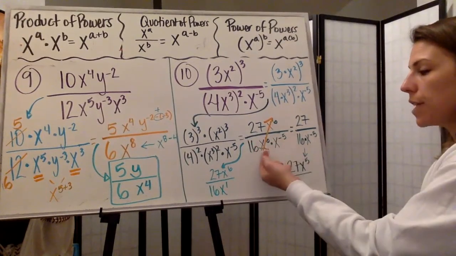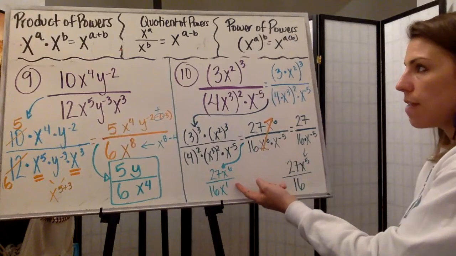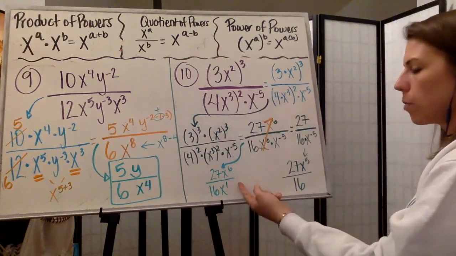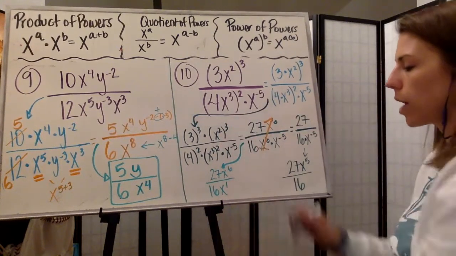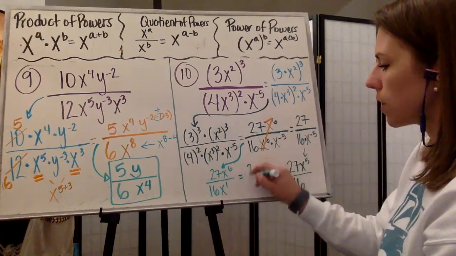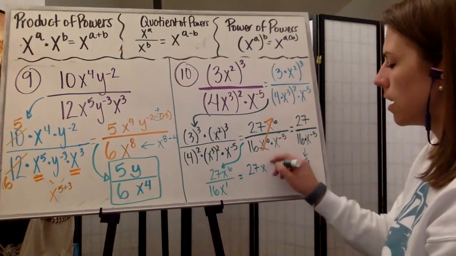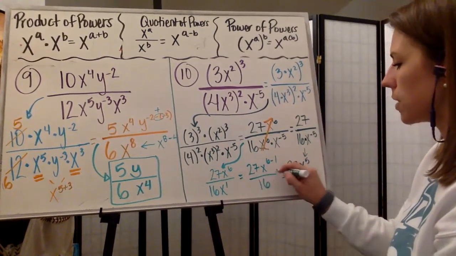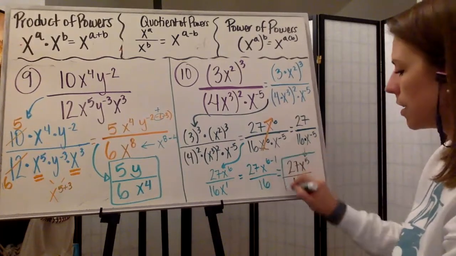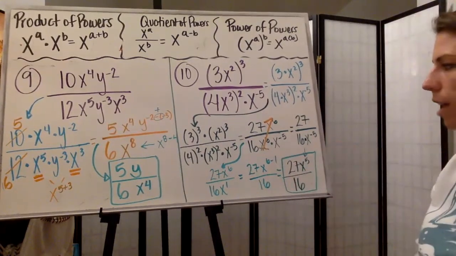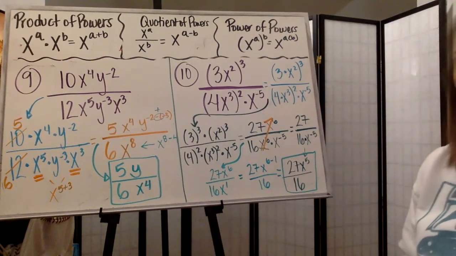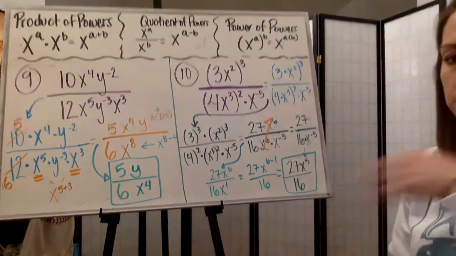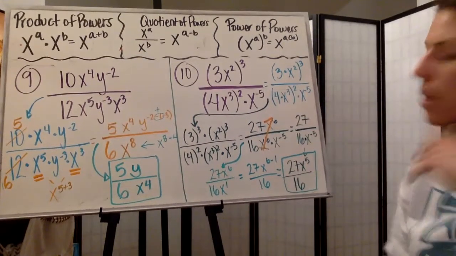I'm taking 5 of these away, I'm left with 1. And then I do quotient of powers again. Well, what's 6 minus 1? That would just look like this, 27x to the 6 minus 1 over 16. And guess what? 6 minus 1 is still 5. I know, totally crazy, right? Insane. That's what I love so much about these types of problems.